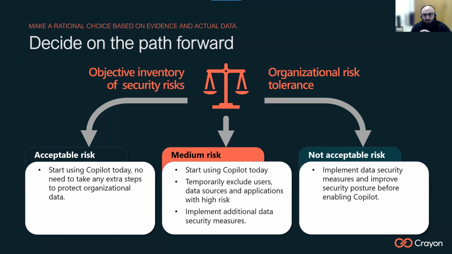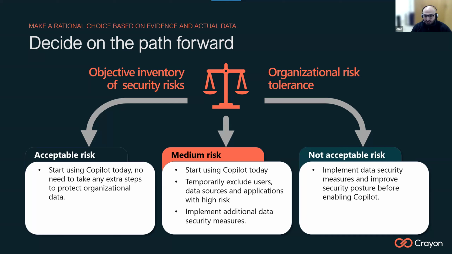Once this is determined, the best implementation approach can be identified. If the customer falls under the not acceptable risk tolerance category, it is your role, Mr. MSP, Mr. Partner, to ensure proper data security, governance, and compliance are in place, as these are critical for successfully implementing Microsoft 365 Copilot.